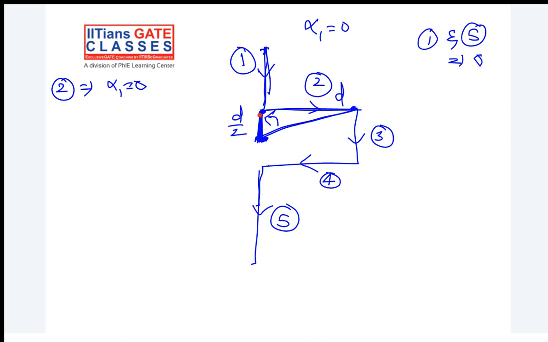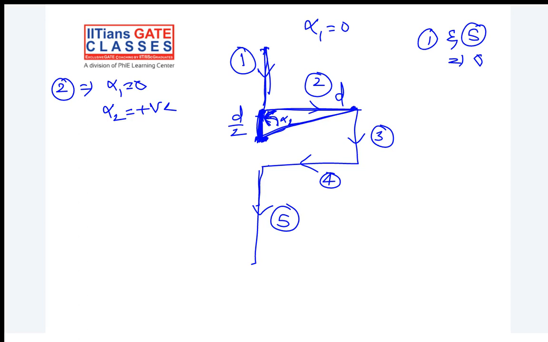The arrow should be pointing towards the radial line. You can apply trigonometry to find the value of alpha 2. Alpha 2 in this case is positive, because you are measuring the angle anti-clockwise, the angle is positive. You can find out what is sine alpha 2 and alpha 1.